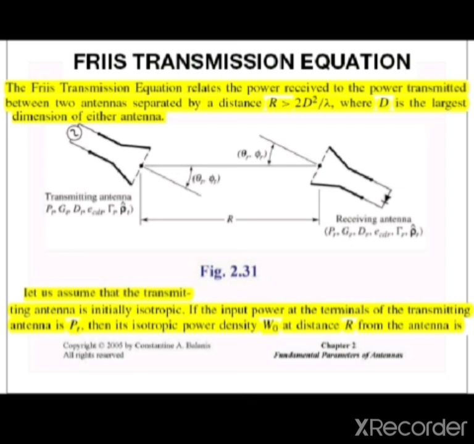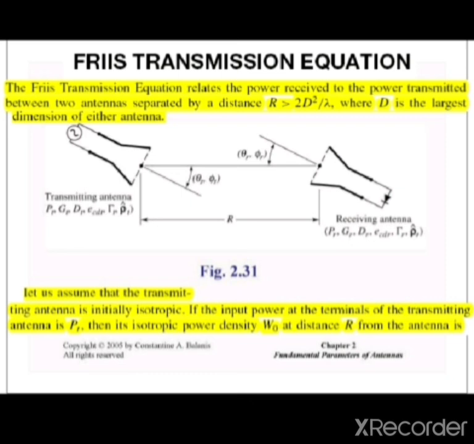Here Pt is the transmitting power, Ht is the height of the transmitting antenna, Aet is the effective aperture area of the transmitting antenna, and similarly Pr is the received power at the receiving antenna, Hr is the receiving antenna height, Aer is the effective aperture area of the receiving antenna, and the distance between the two antennas is indicated by R. The wave is propagating in a direct ray and an indirect ray, I mean the reflected ray. This is how the transmitting and receiving antennas are placed.